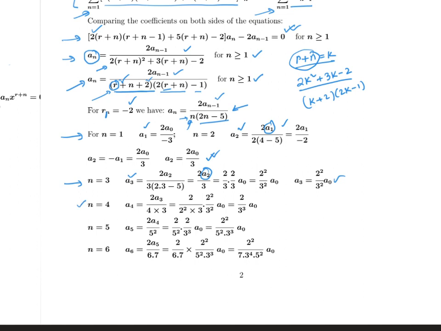Similarly, you can do it for n is equal to 4, 5, and 6 by using this recursion formula. Now, if you take all of these coefficients and plug it into your solution, y1 of x is equal to x to the power r times this summation, and you write out the summation and simplify it, and this is what you're going to get.